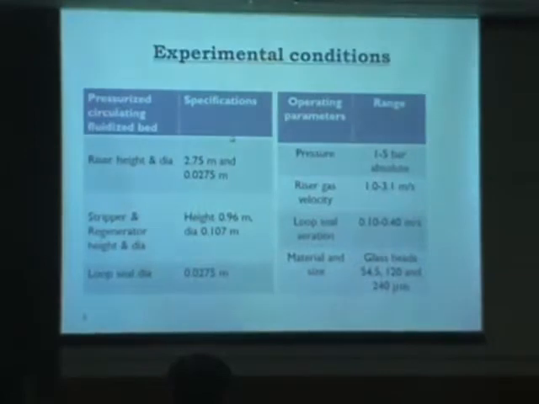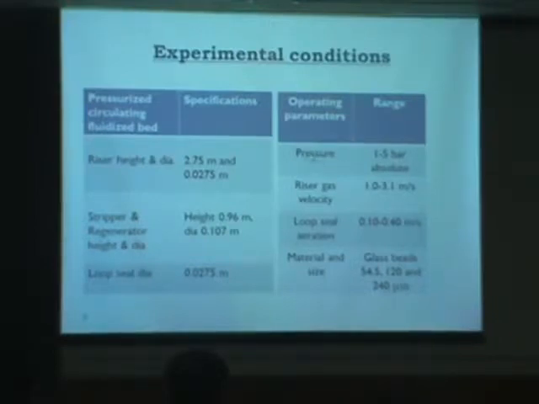This experiment was conducted in the pressure circulating fluidized bed, which has the following specification: the riser is 2.75 meters high and 0.027 meters in diameter. The stripper and regenerator have the same height and diameter, 0.9 meters and 0.107 meters. The loop seal is 0.0275 meters. Different ranges of operating conditions were set for these experiments.